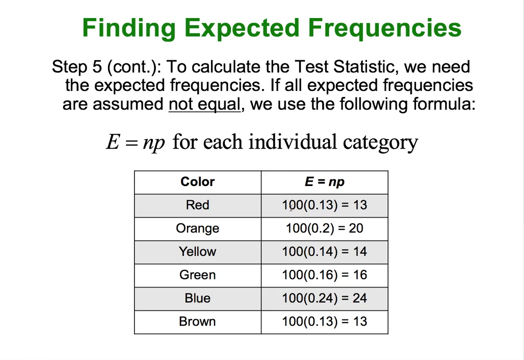You multiply that sample size times that expected proportion to find out how many red candies we would expect to see in that sample. And we do the same thing for the orange: 20% is 0.2, 14% is 0.14 for the yellow, 16% is 0.16 for the green, and so on.